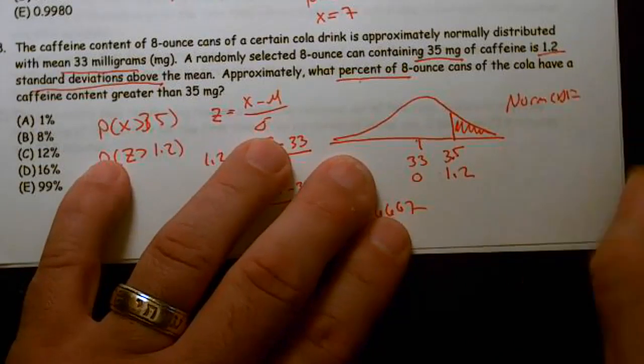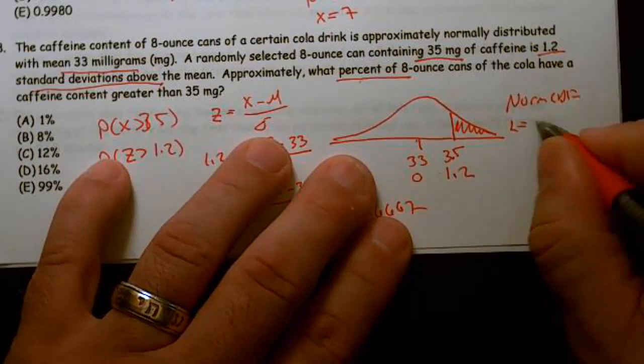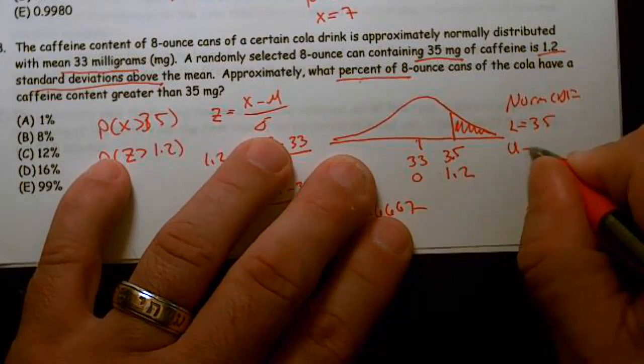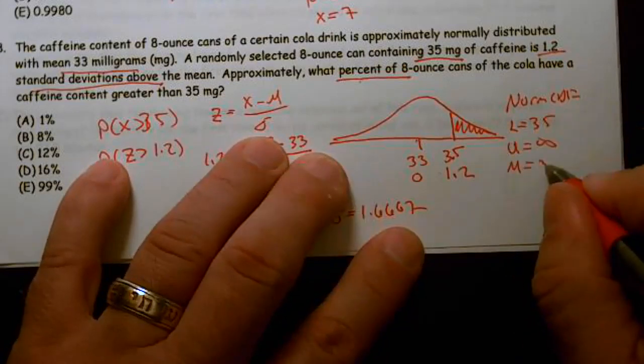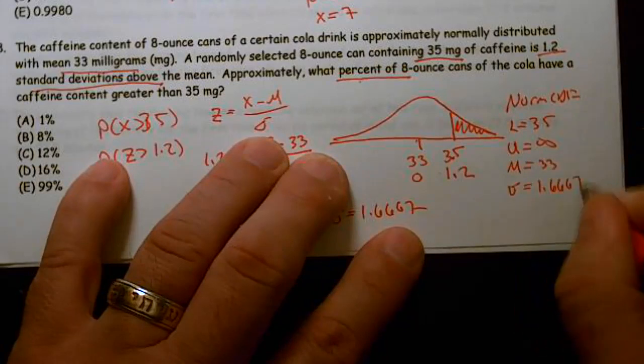And then I can do a normalcdf, and my lower will be 35. My upper will be infinity. My mean is 33, and my standard deviation is 1.6667.